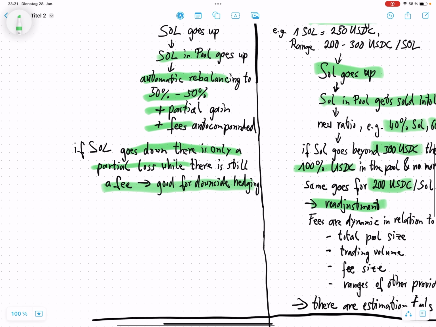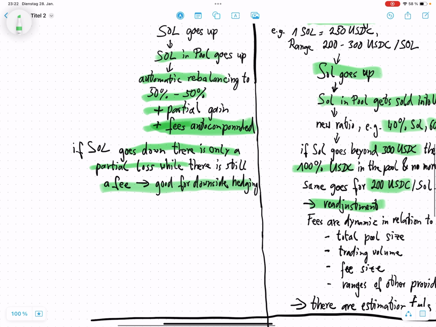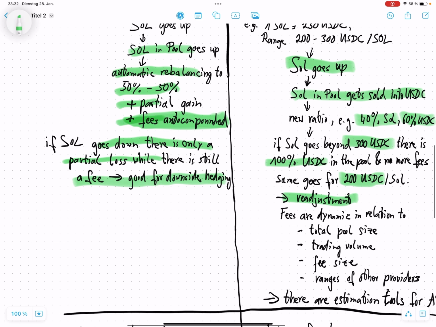Regarding the fees in the standard pool, there's also one thing to mention. The fees are basically calculated as your percentage of liquidity in the entire pool, and you will get a proportionate part of the fees. So if you would provide 1% of the liquidity of the entire pool, you would also get 1% of the entire fees that are being distributed, and these fees are auto-compounded into the pool.